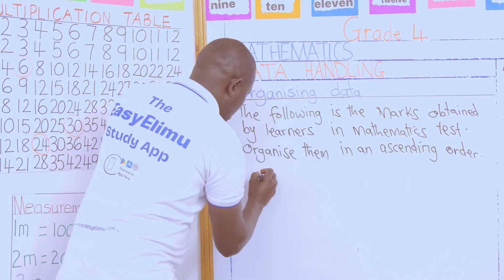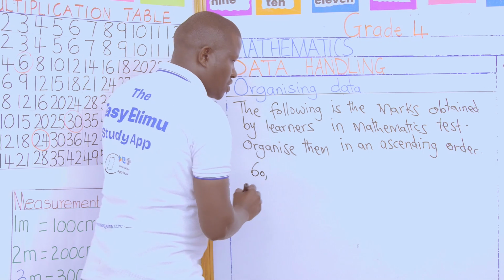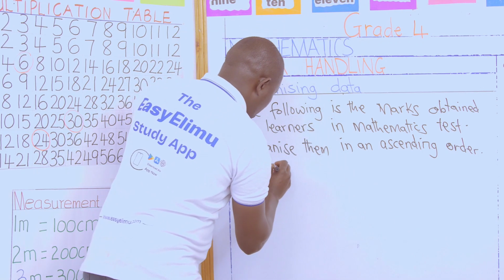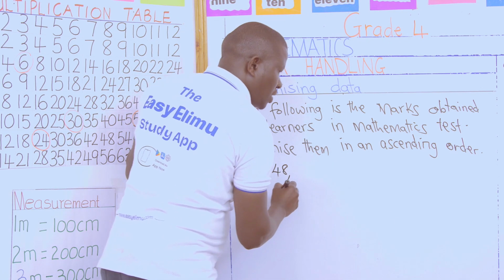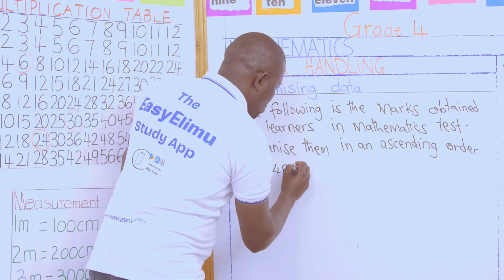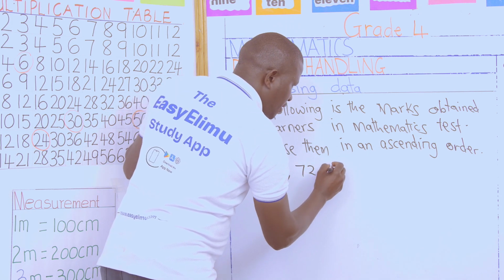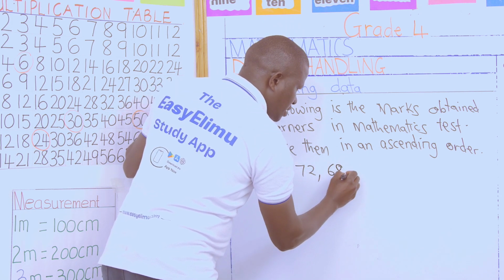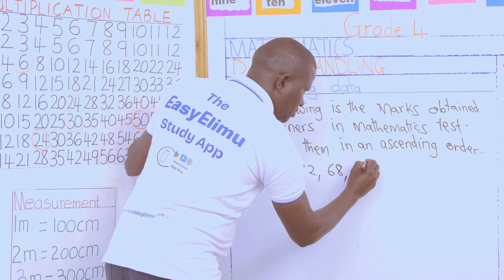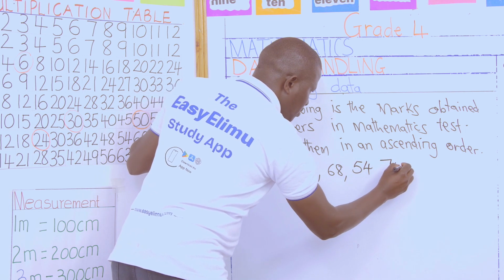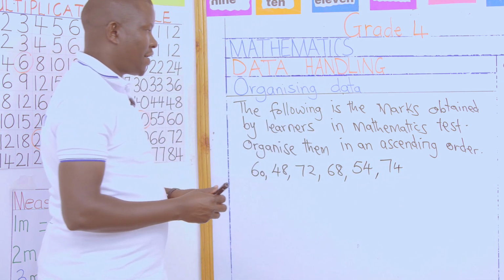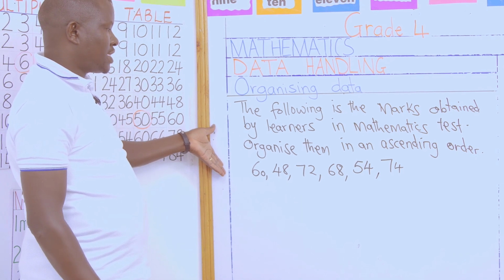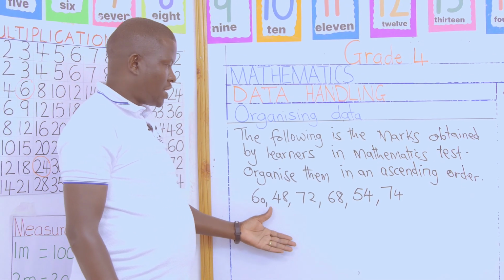We have 60. We also have 48. We also have 72. We have 68, 54, and 74. Learners, we are arranging or organizing this data in an ascending order.